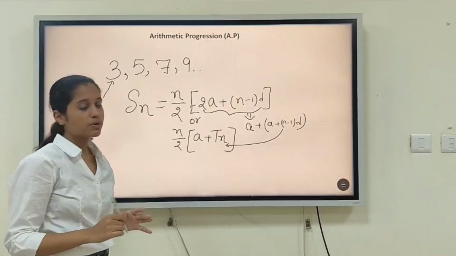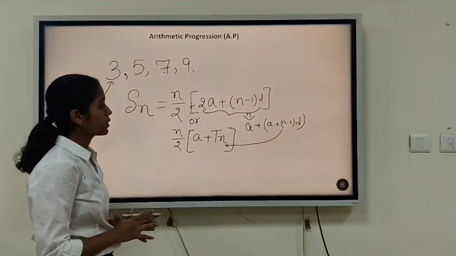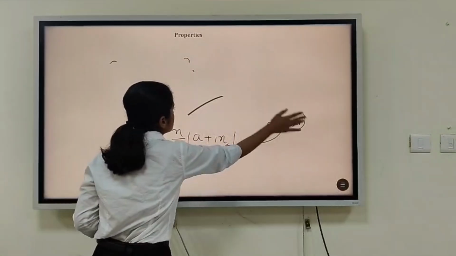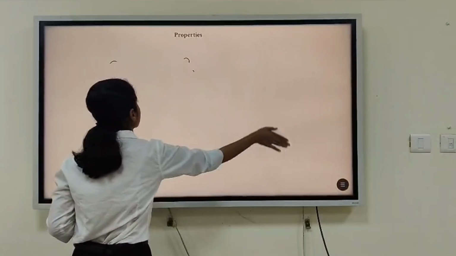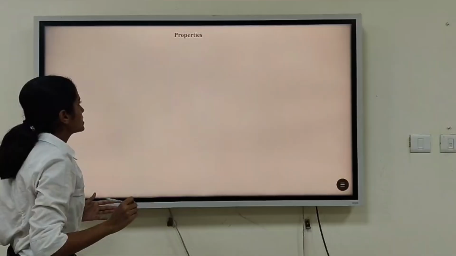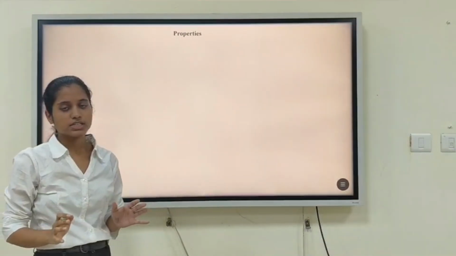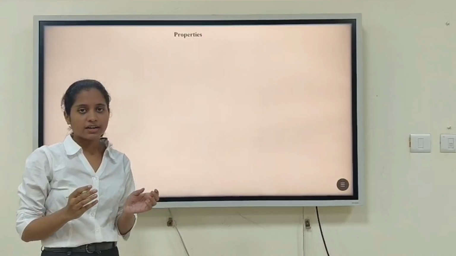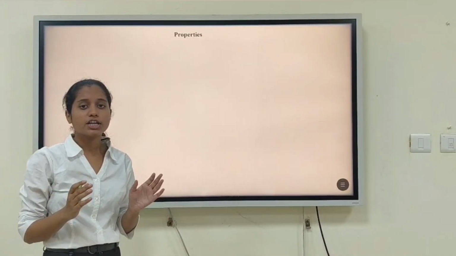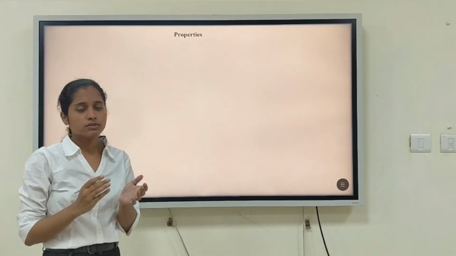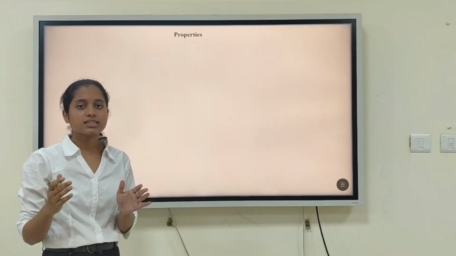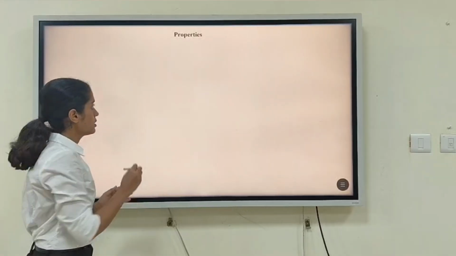Now we will see some of the properties of arithmetic progression which we use to solve questions easily. The first property is, if you take a sequence which is in AP, and you add, subtract, multiply or divide a constant value to each of its terms, then the resulting sequence will again be in AP only.